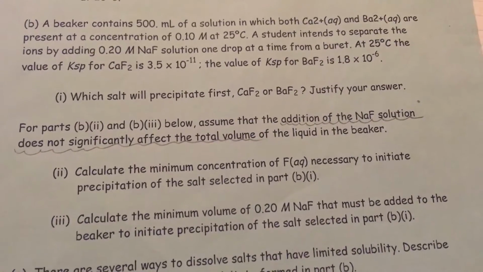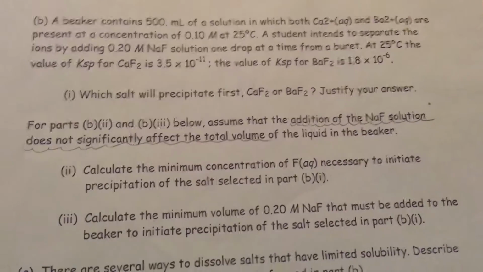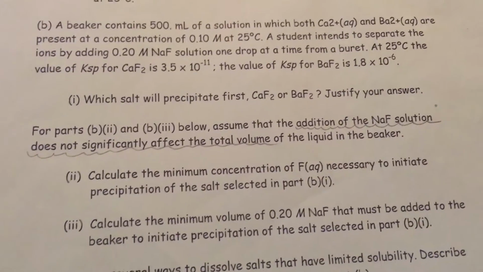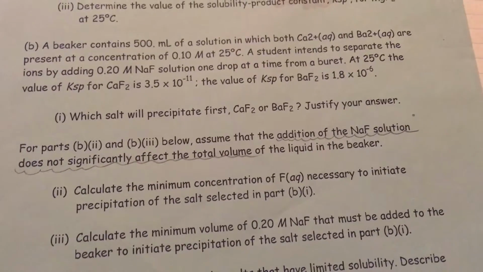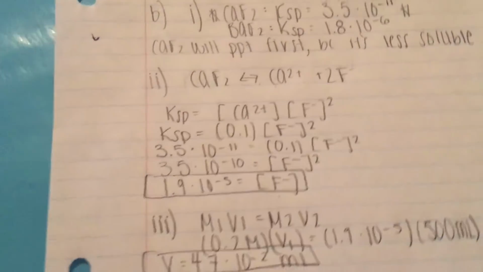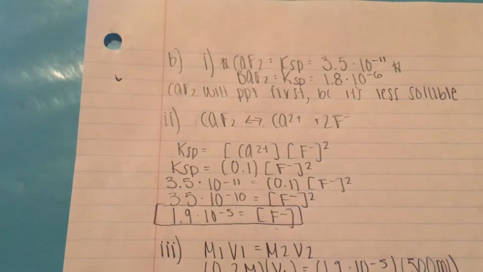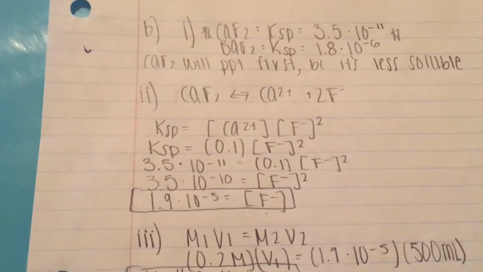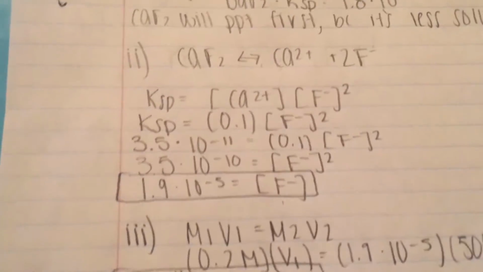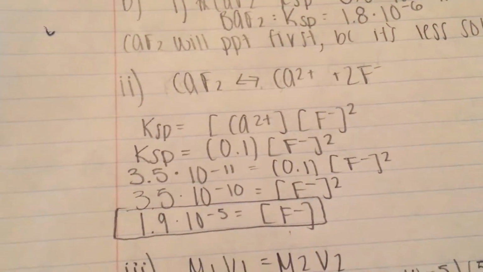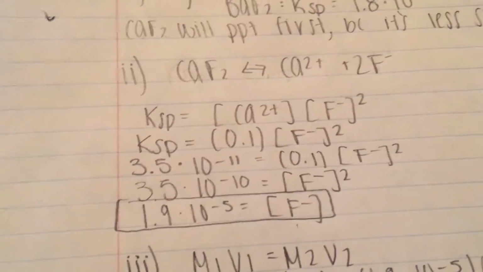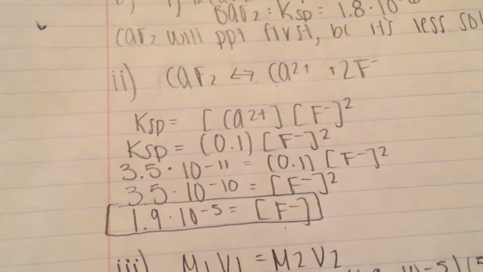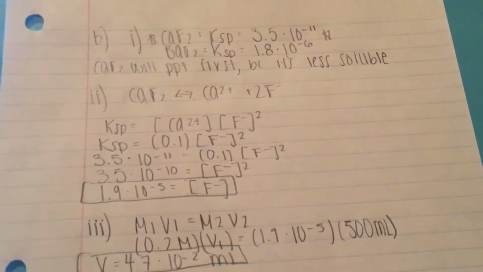Calculate the minimum concentration of fluorine necessary to initiate precipitation of the salt selected in part I. CaF2 dissociates into Ca2+ and 2F-. So the Ksp equation is the concentration of Ca times the concentration of F- squared.